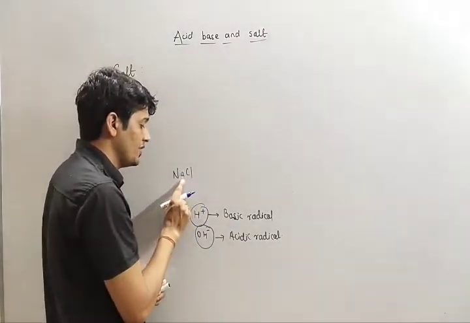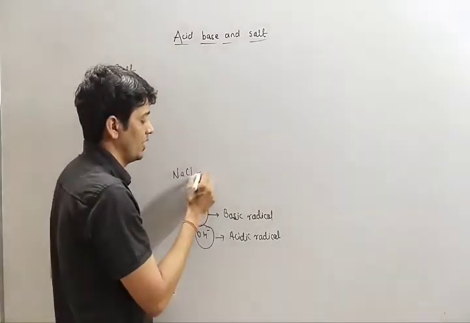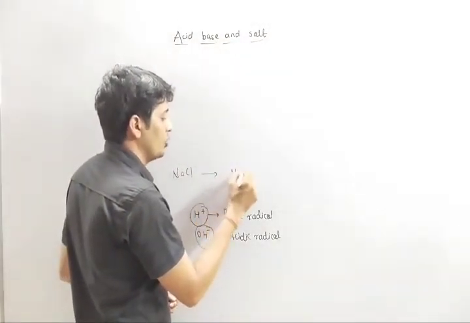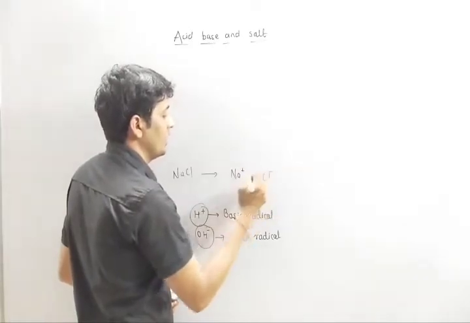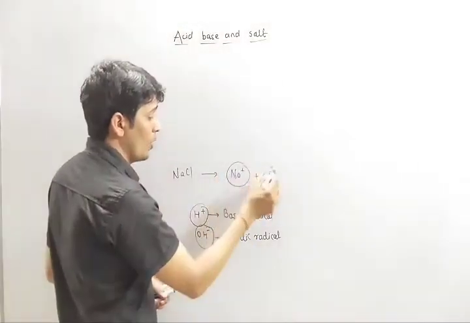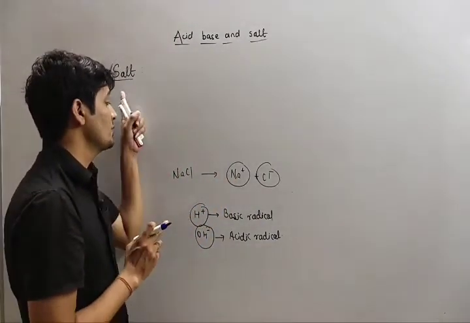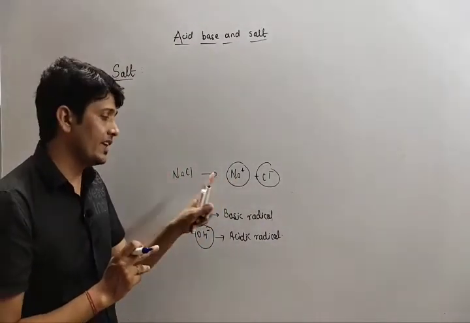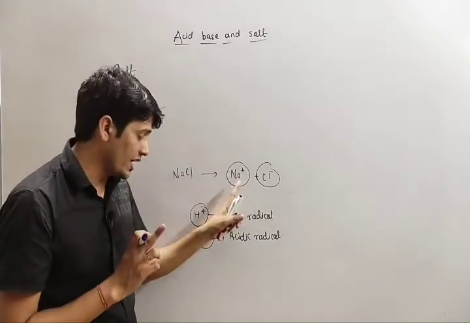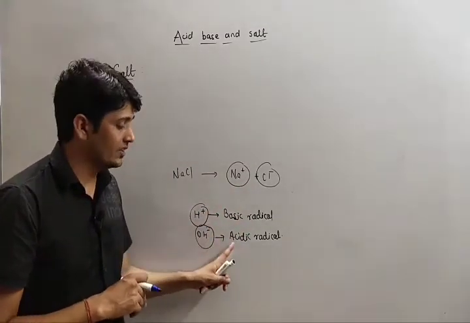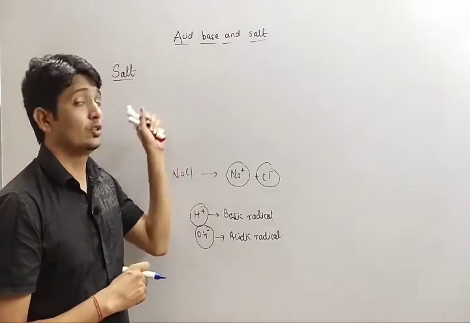If we dissolve NaCl in water, it will dissociate to form Na positive ion and Cl negative ion. So do we have OH negative and H positive here? No. So the substance which releases ions except H positive ion, that is basic radical, and OH negative ion, that is acidic radical, is called a salt.